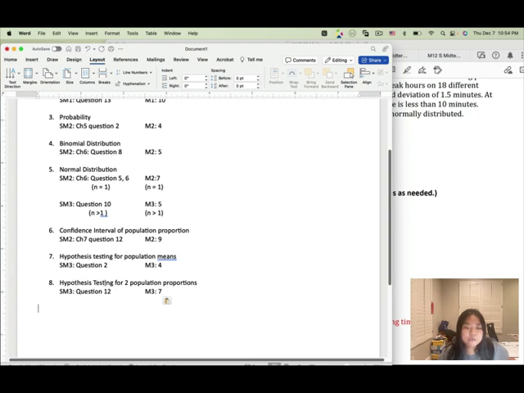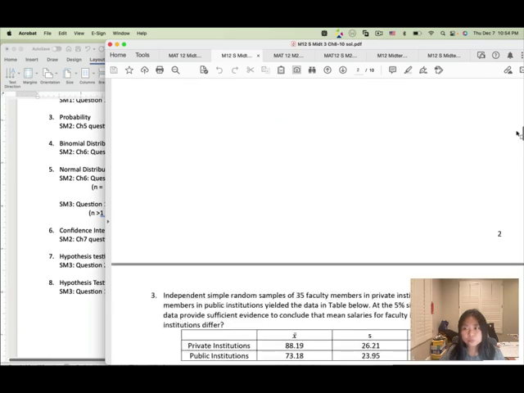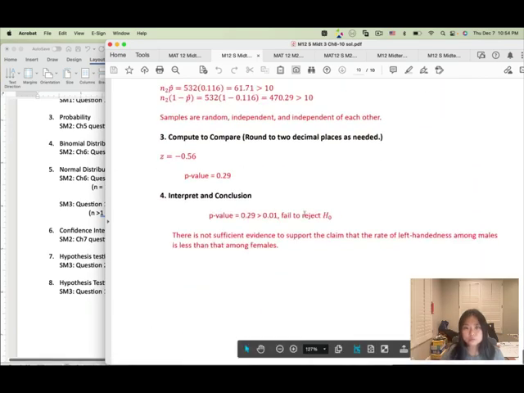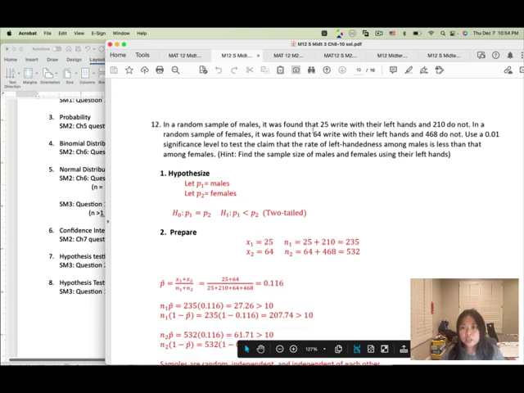Number 8, hypothesis testing for two population proportions. So look at the sample midterm 3, question 12. You can see they never mention the mean or standard deviation. That will be the proportion. And since we do have two populations, make sure you say what your P1 is equal to and what your P2 is equal to.